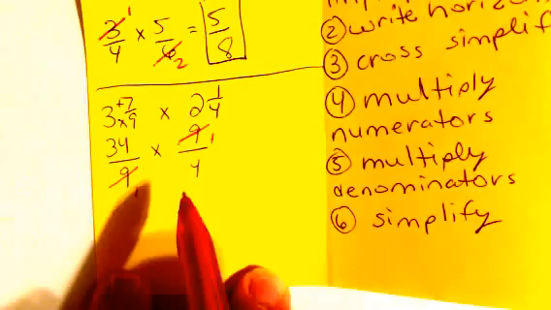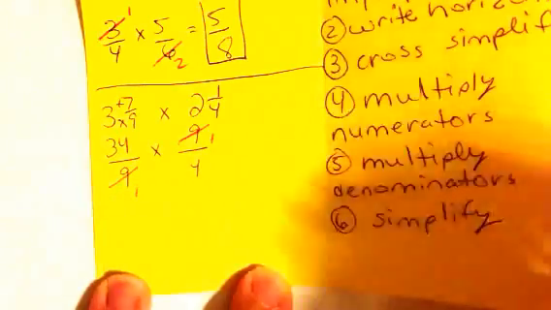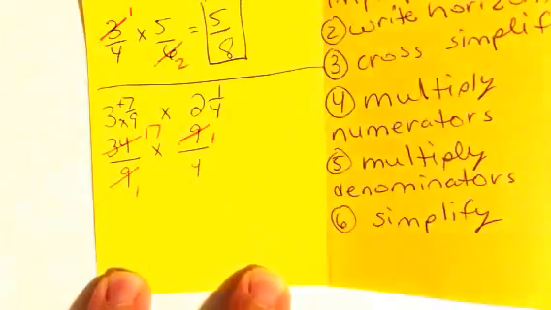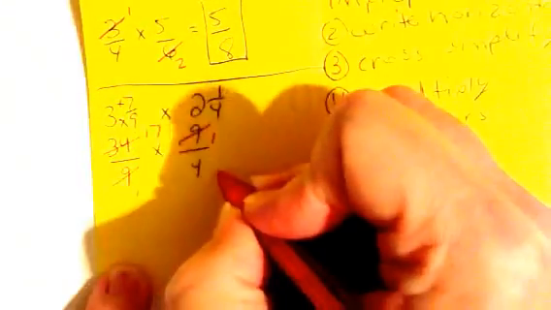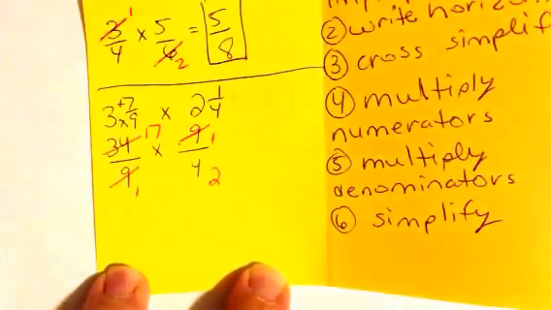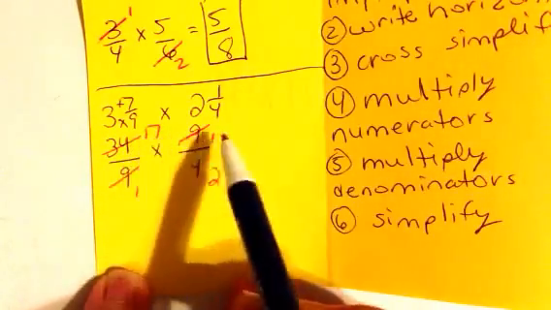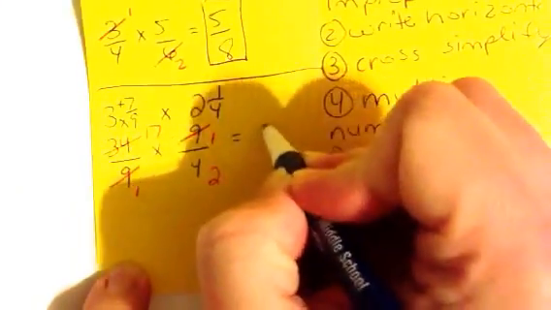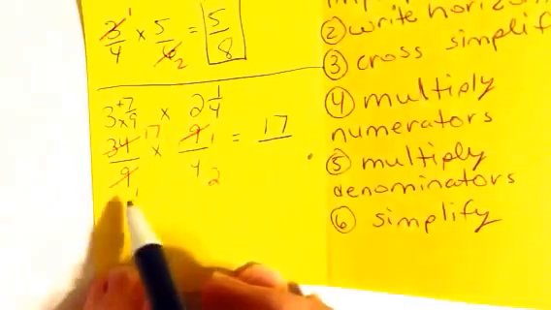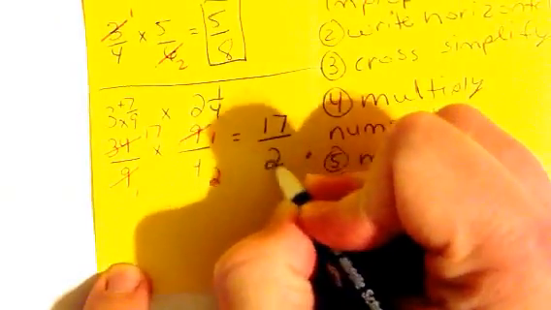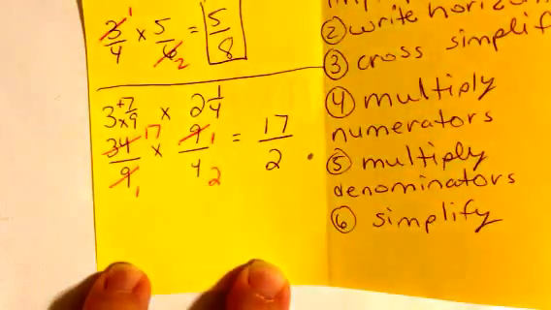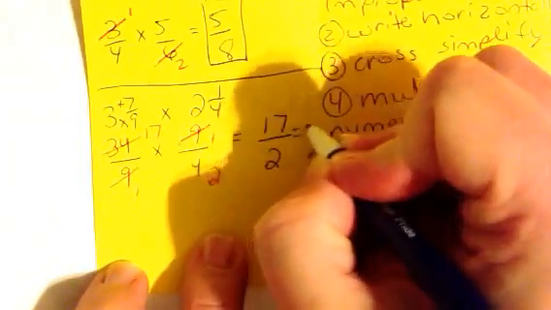Those are both even numbers, so I know they can both divide by 2. 34 divided by 2 is 17, and 4 divided by 2 is 2. So then instead of multiplying 34 times 9, all I have to do now is multiply 17 times 1. 17 times 1 is 17, and 1 times 2 is 2. Okay, and then this will simplify into 8.5.